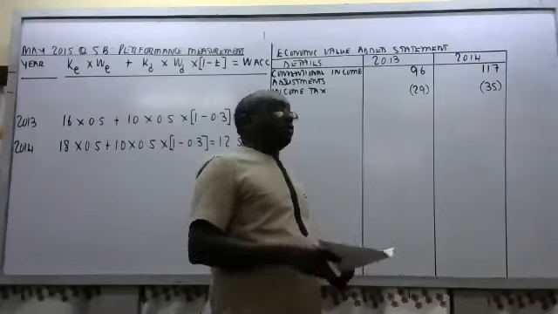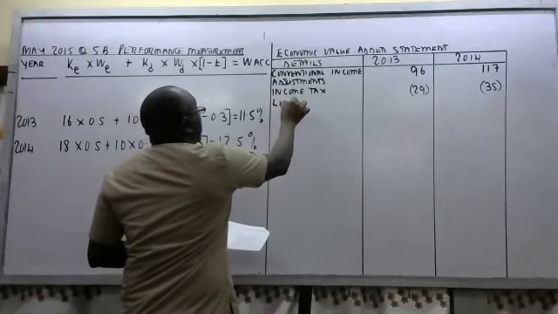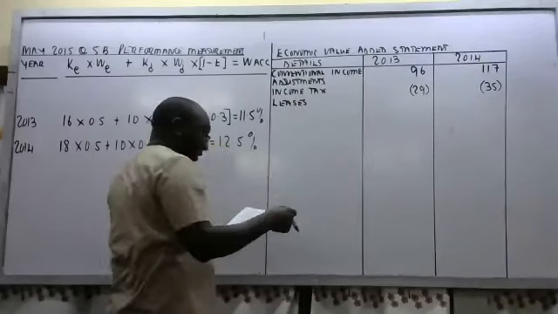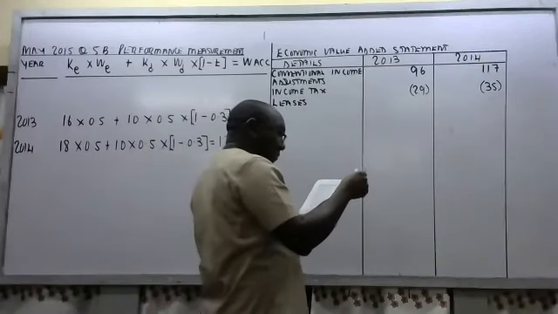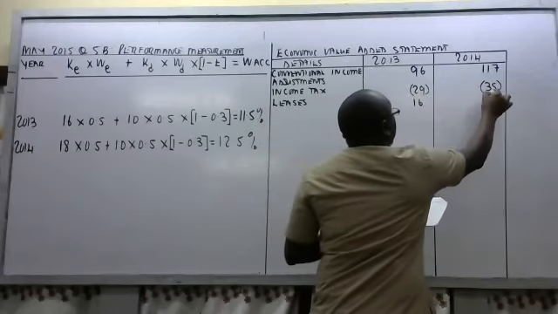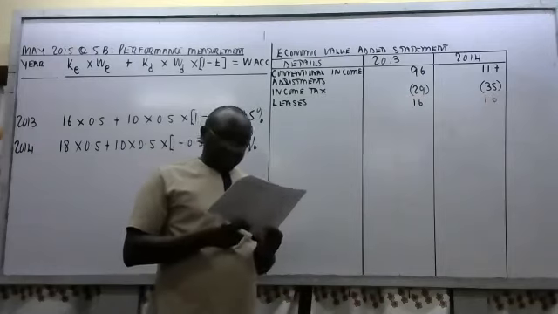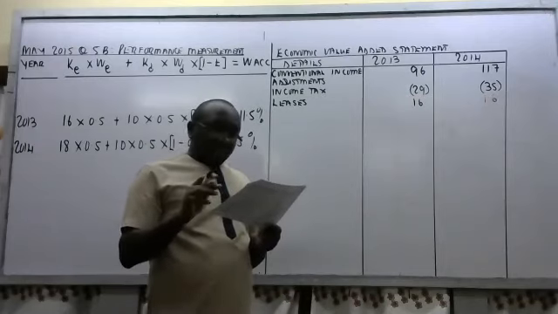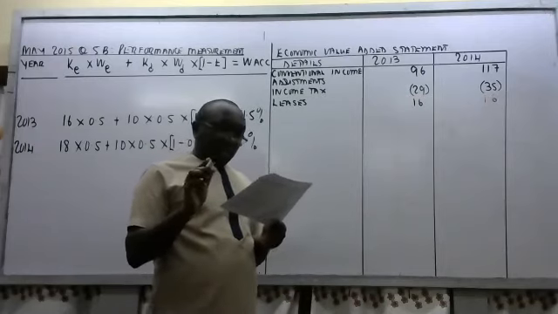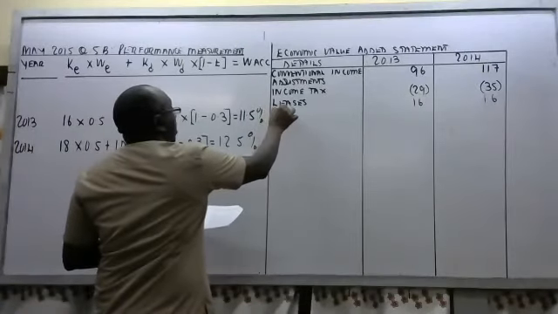So what you do, you add back leases. You should add back an amount of 16 in each year. The next one that will affect us is goodwill. So write goodwill.